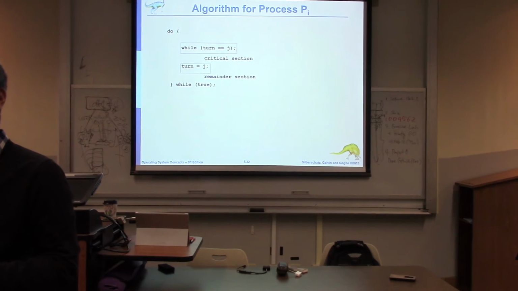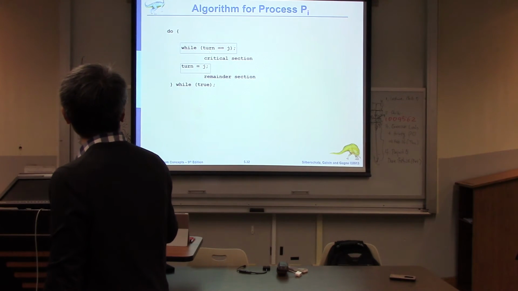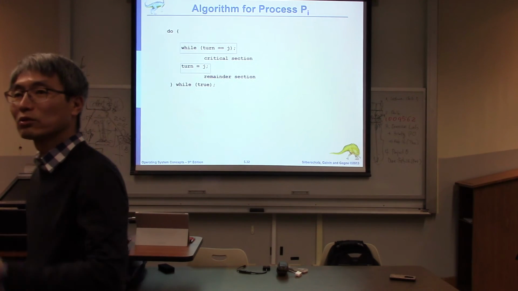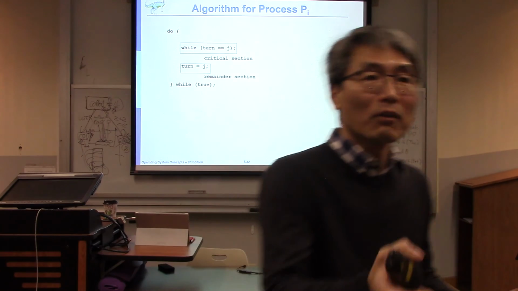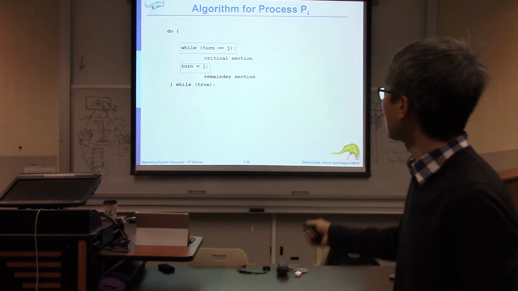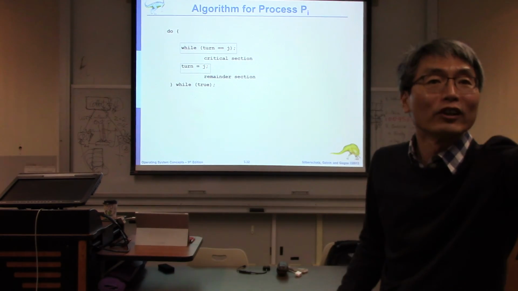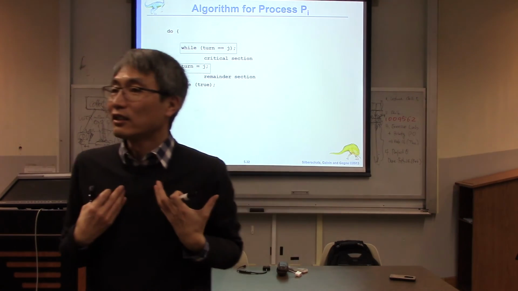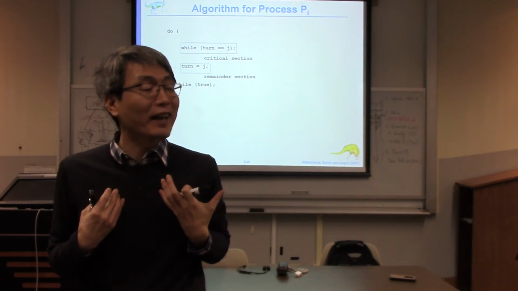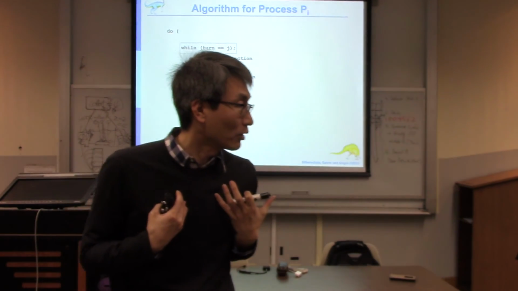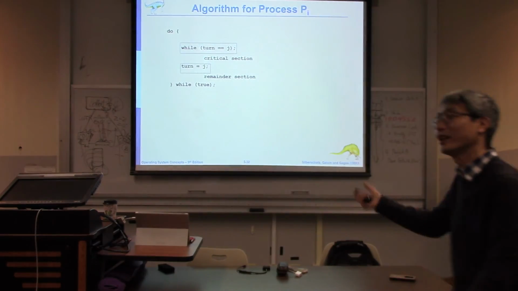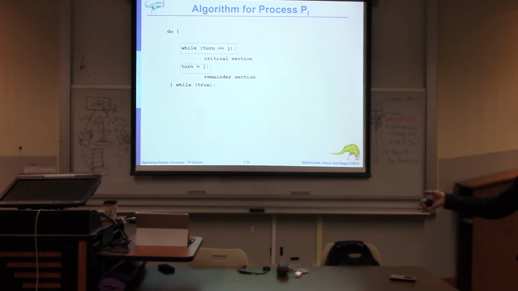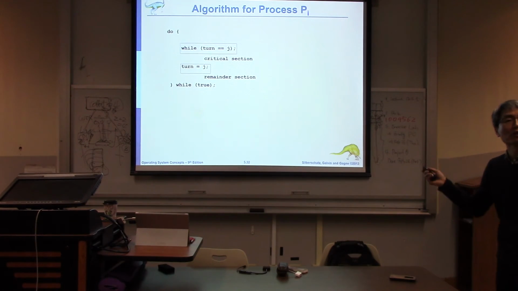It's A's turn. So you cannot enter. When student A comes out, the turn changes to the other. Then student B can finally enter the bathroom, the critical section. So that's the idea. If you can understand this one, we are going to see several solutions.